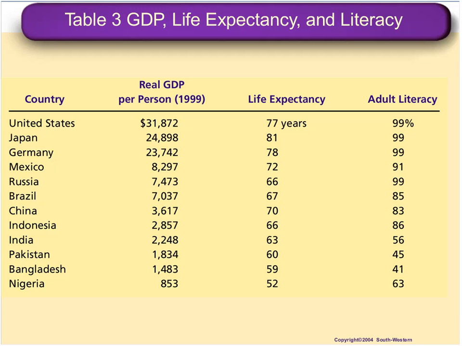Or look at Germany. Germany is a little bit less than Japan in terms of GDP, but their life expectancy is around 3 years less on average. So on average, Germans are going to live about 3 years less than Japanese.